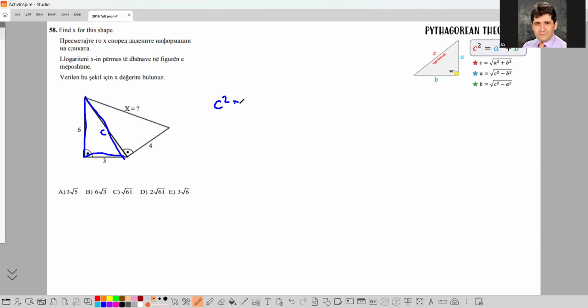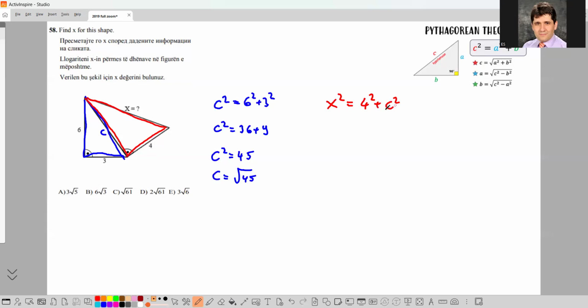We get c squared is 6 squared plus 3 squared. So c squared is 36 plus 9, c squared is 45. You can see c is square root of 45. And then we need to find x, but now x is for the other triangle, which according to the Pythagorean theorem, the hypotenuse squared is the sum of the other sides squared.